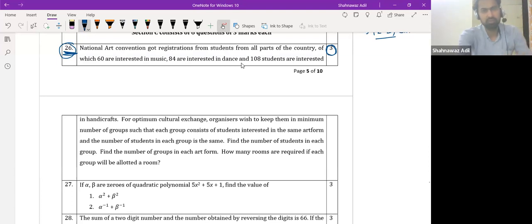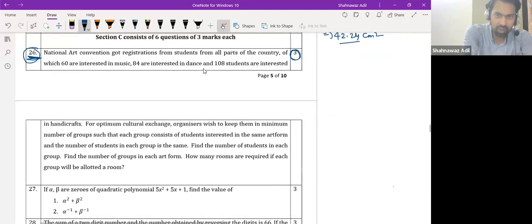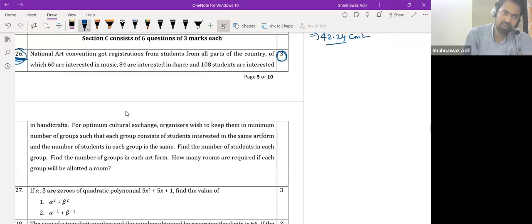So we have this National Art Convention that got registrations from students from all parts of the country, of which 60 are interested in music, 84 are interested in dance, and 108 students are interested in handicrafts.